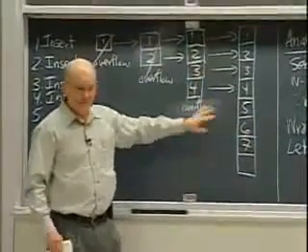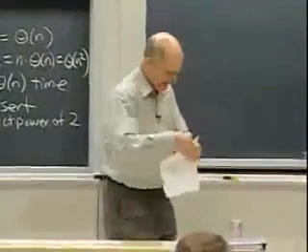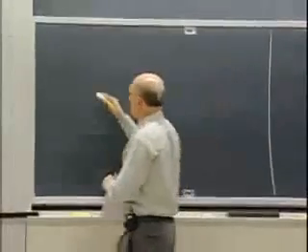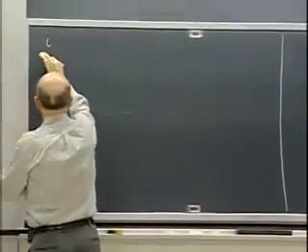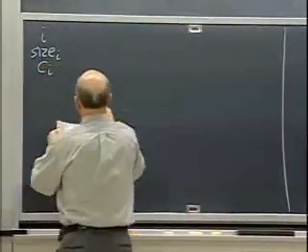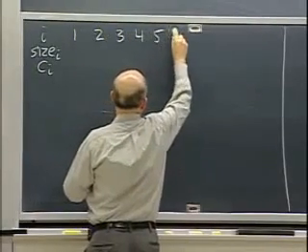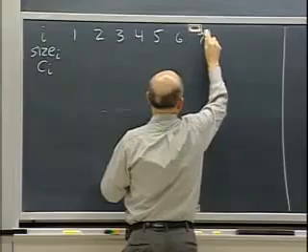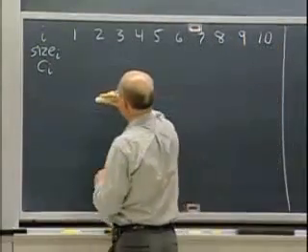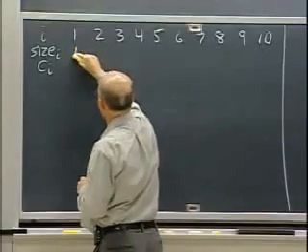So everybody see that? So let's actually make a little table here so we can see this a little bit more clearly. Okay, so we're going to have i, and then the size of the table at step i, and the cost at step i. Okay, so let's see, at step 1 the size was 1.